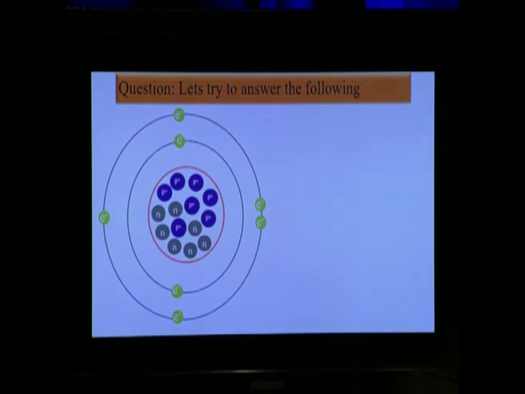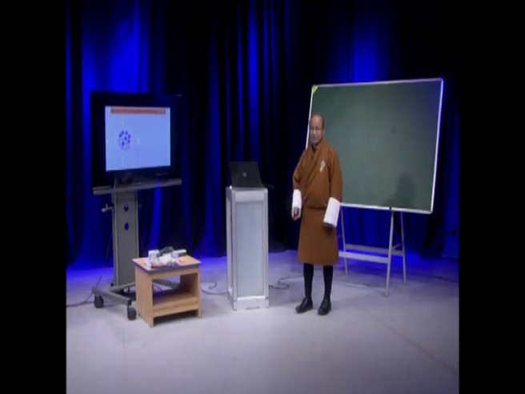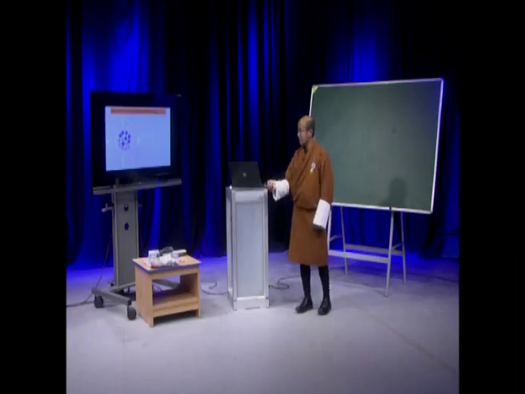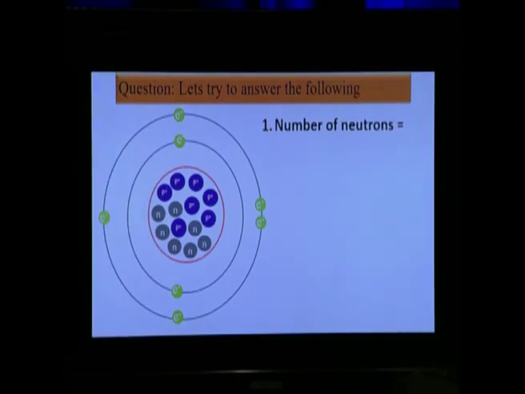Then we have some more shells. We will discuss this in the higher classes. I am just going to introduce you to the K and L shell, and now we will look at this. The number of neutrons present in this atom.